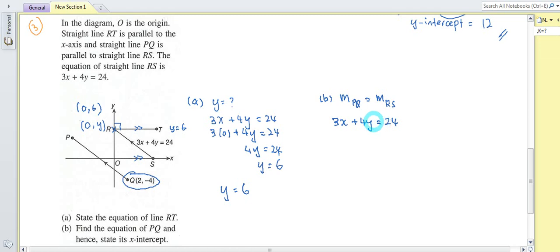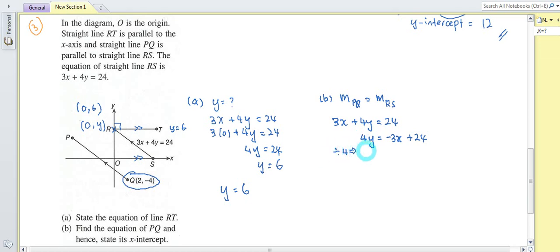Okay, I need to rearrange all the terms here in the form y equal to mx plus c. The gradient is -3? No, this is not correct. Remember just now I told you, if you want to get the gradient or the y-intercept directly from the equation, make sure the coefficient for y is positive and 1.